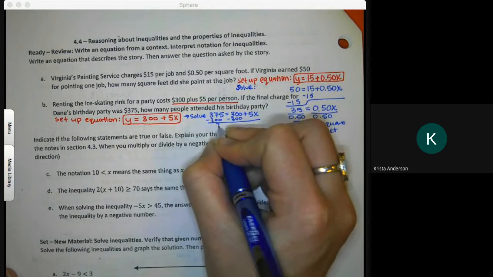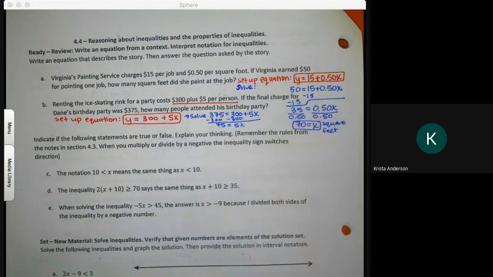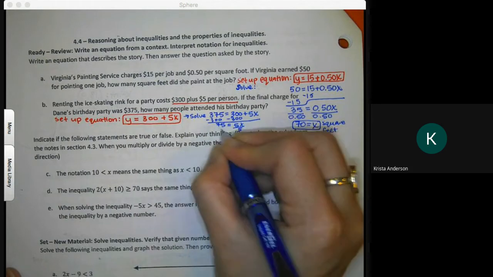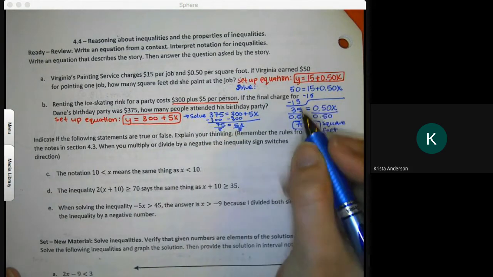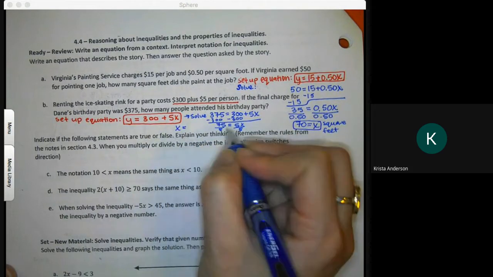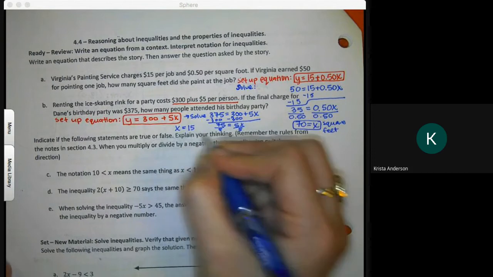That gives me that $75 was paid per person. If I want to find out how many people that is, I would then divide it by 5. And that would tell me that x is equal to 75 divided by 5, which is 15 people.